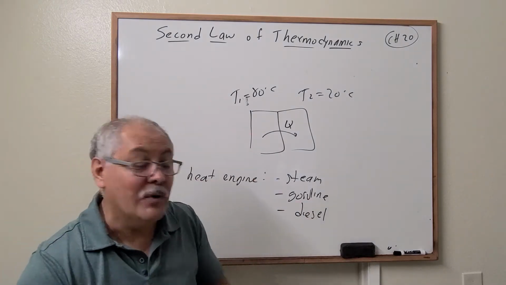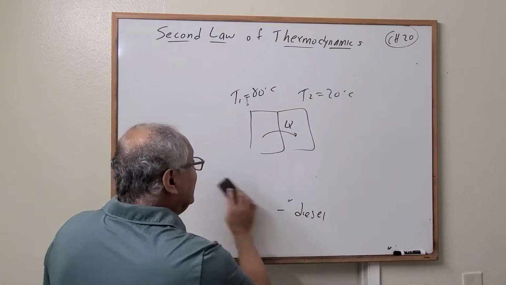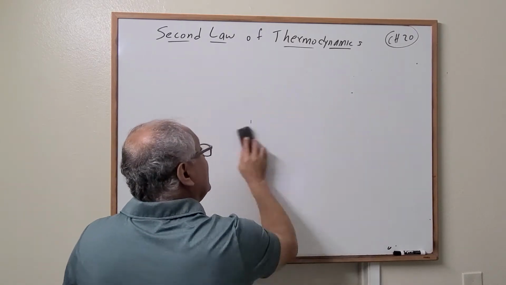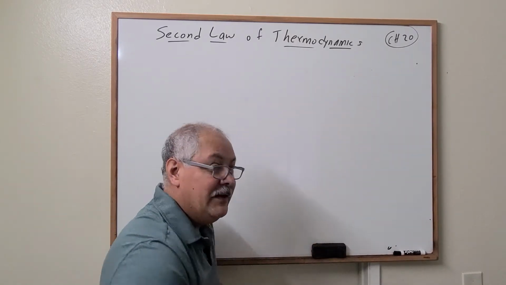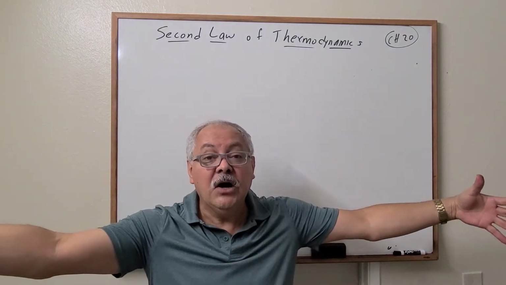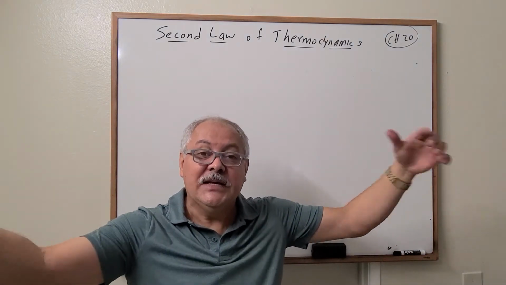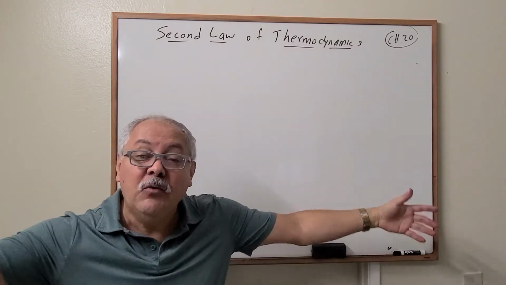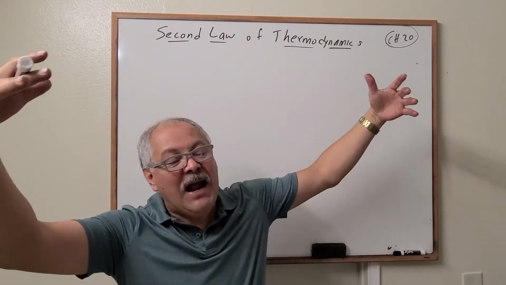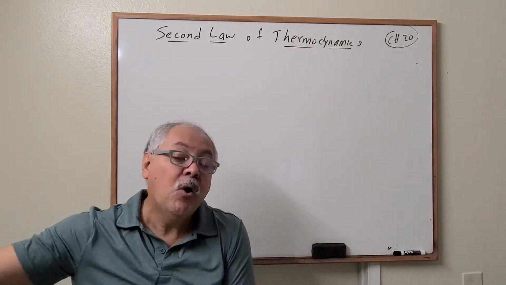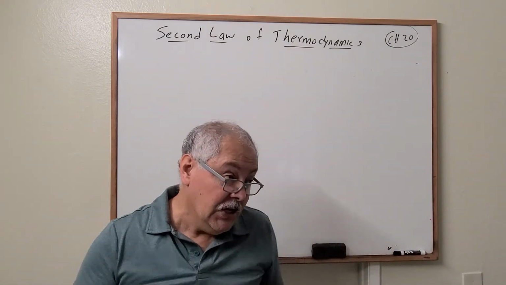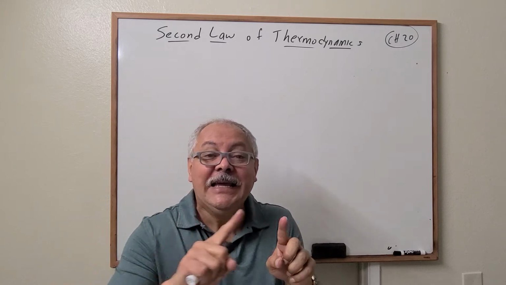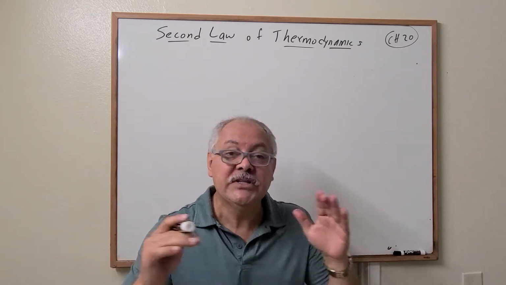Okay, let's go to the steam engine, and let's say this is one. The idea is to have a huge container of substance with internal energy, another one with hot temperature and one with cold temperature. The idea is to keep the heat transfer constant for a long time.